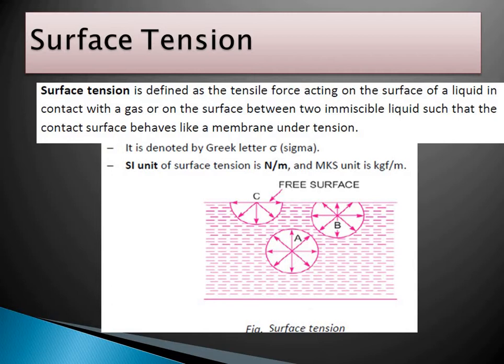Suppose the molecule A is free and inside the fluid, then it has attraction from all sides with equal intensity. But when it comes in direct contact with the surface, it shows attraction only in the downward direction.